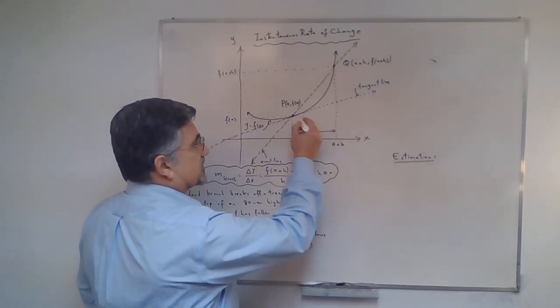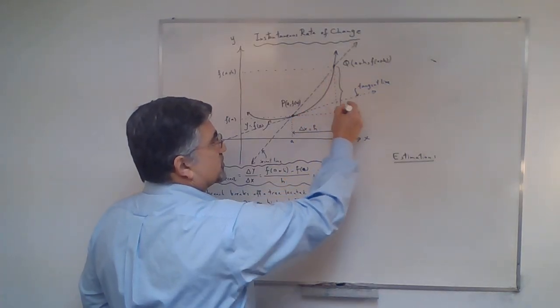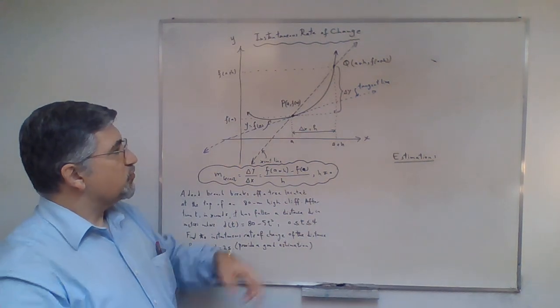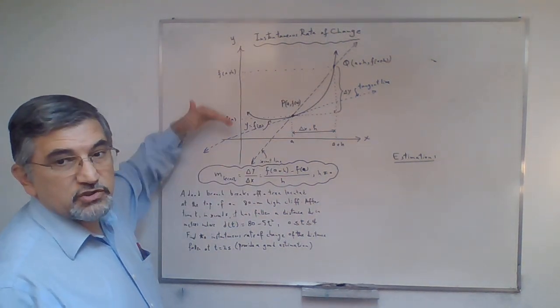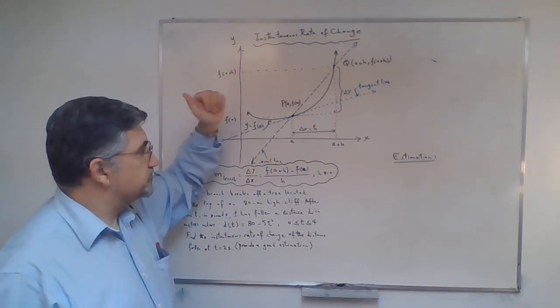So delta x, and delta y would be the change in y, which is right there. And the change in y would be f at a plus h minus f at a, which is the change in the y coordinates of the 2 points P and Q.